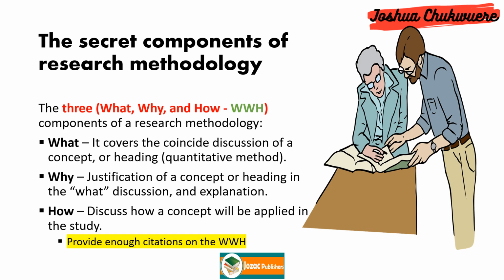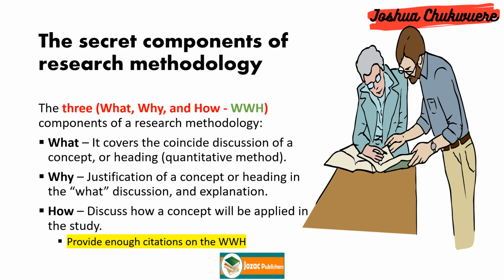And remember, at every stage, whether you're on the path of the what, the why, or the how, it is on you as a researcher to provide enough citation to back up your claims. Because no matter the stage where you are, people have talked about it.